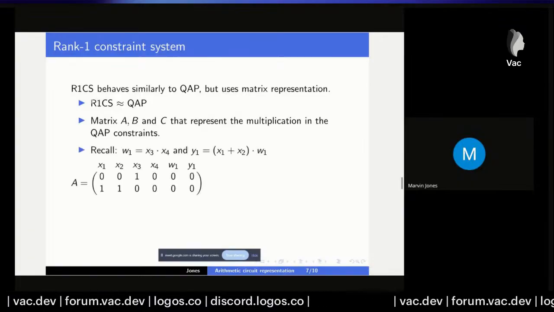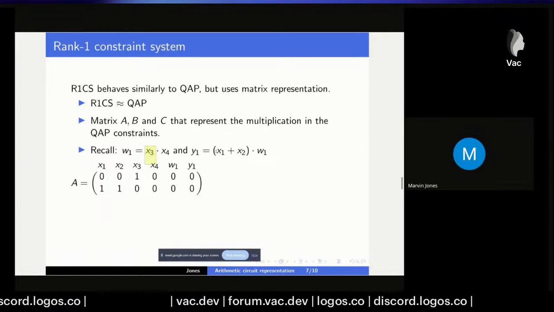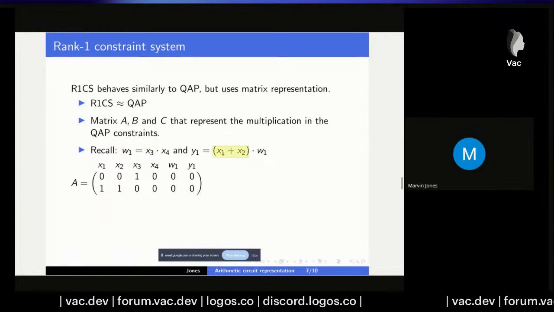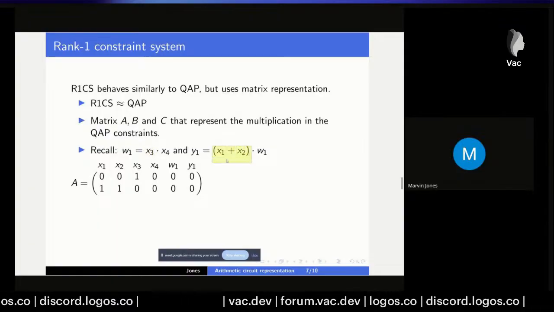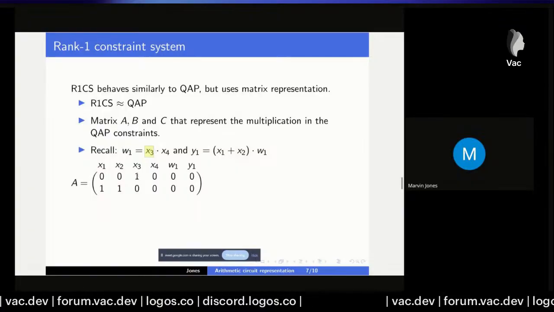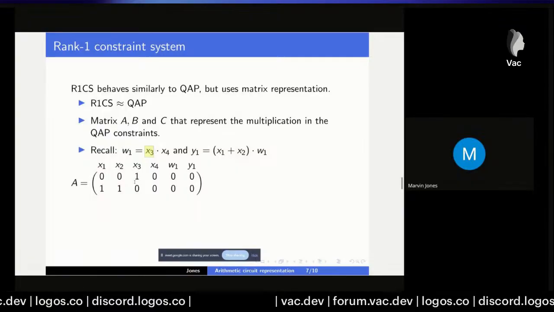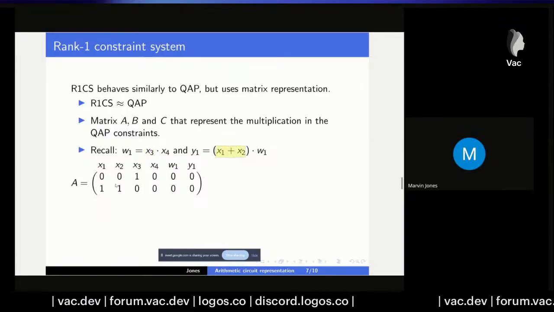So from our QAP, we had this. What we need to do is represent the first product as a row in my matrix. For this first one, I just have an x1, an x3. So I put a 1 in the x3 spot. And for the second one, I have x1 plus x2. So I put it in this spot.